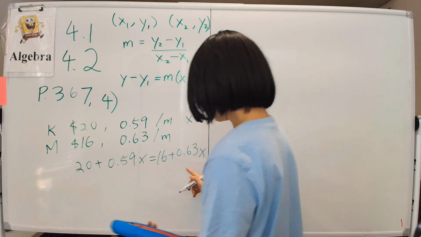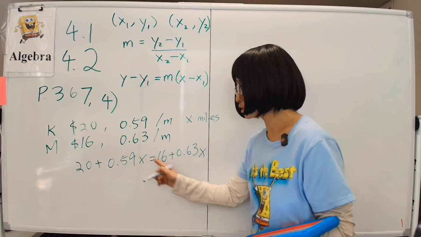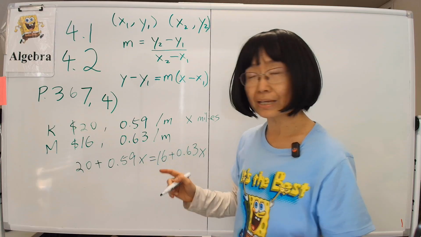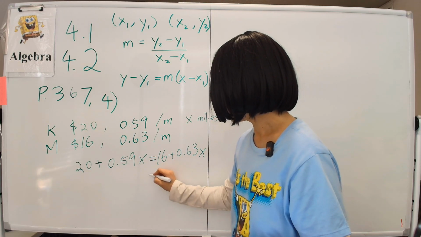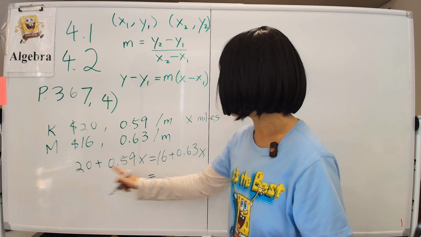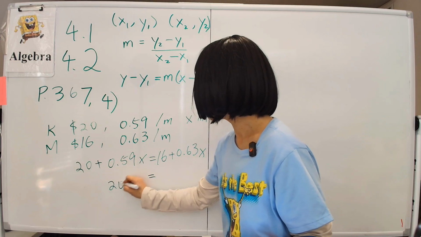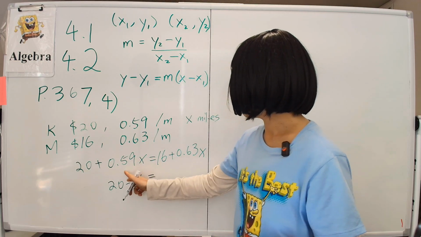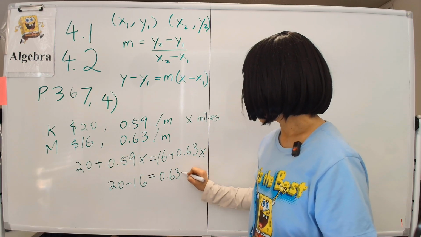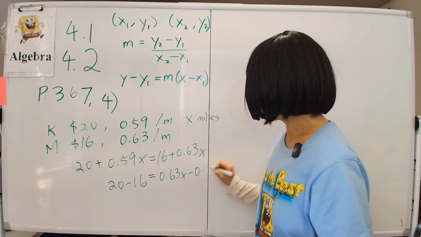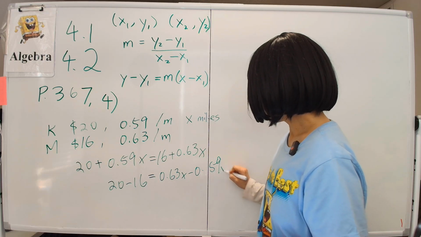So we are going to set these equal. That will show us exactly how many miles it will be when the two companies intersect. So let's do that. Okay, we'll move the 16 over here. That's 20 minus 16. And this side, we'll move this onto this side. So that's 0.63x minus 0.59x.